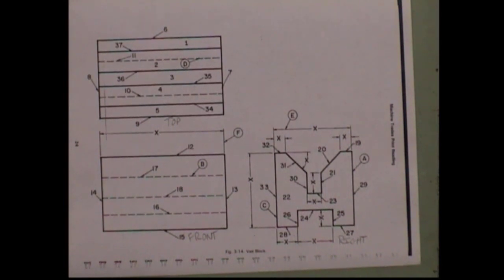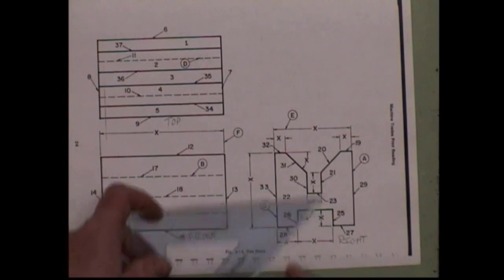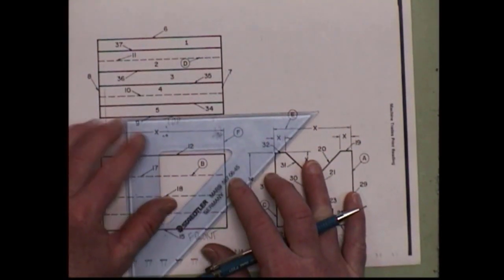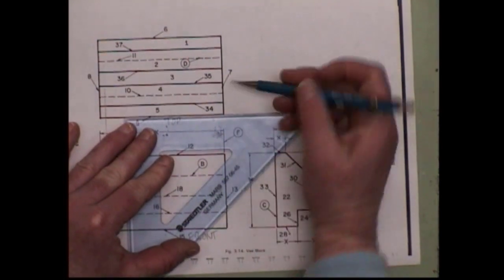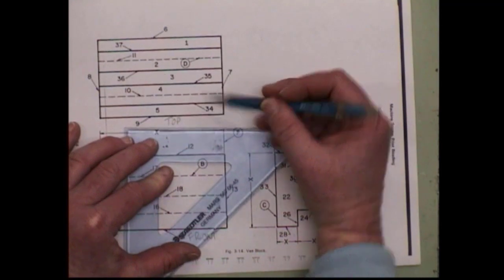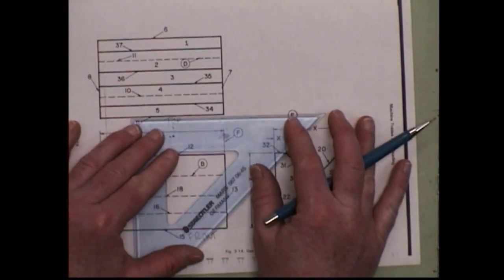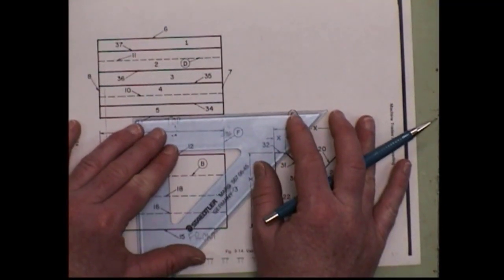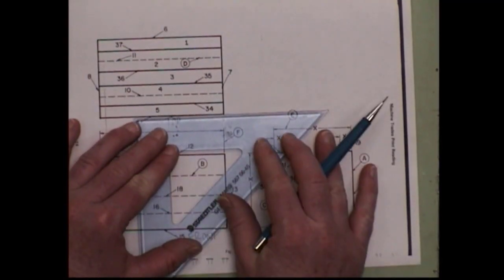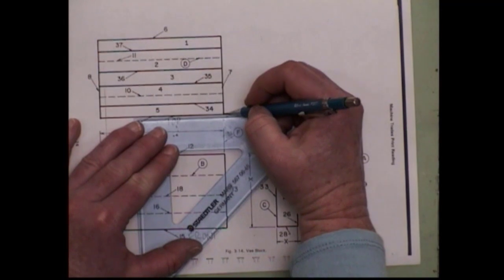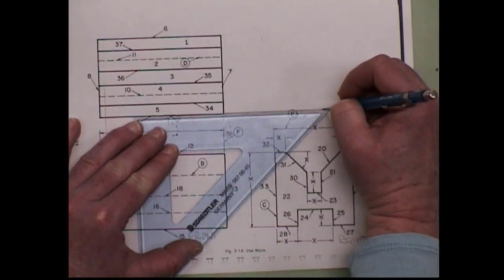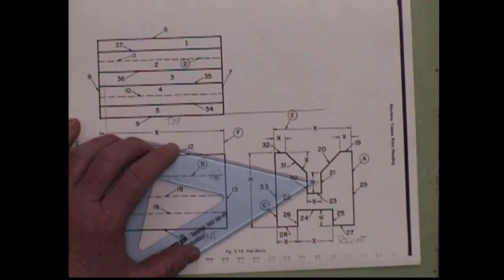So the way I want you to do this, just set your straight edge up against the line in the top view here, this line here, line number 9. We'll set our straight edge next to it. A good amount of it, make sure you're flush, and then just draw a line straight out like this. And this is going to be just a projection construction line.